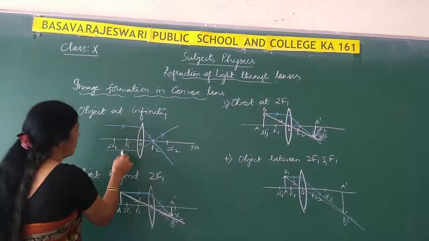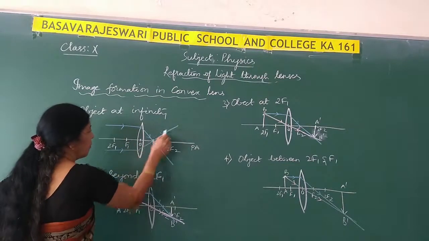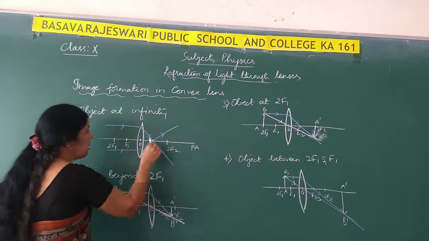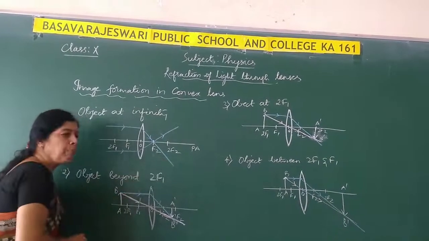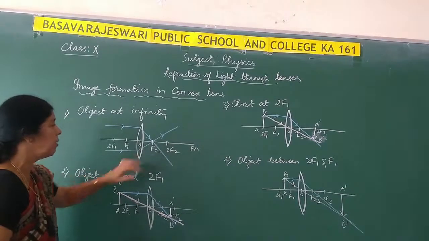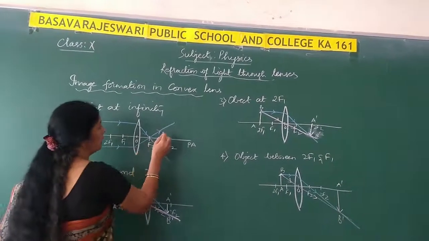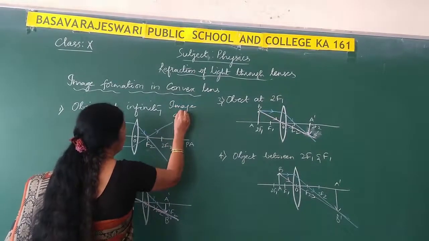I have considered 2 rays, one above and one below the principal axis. After refraction, they pass through the second focal point of the convex lens, and here the image will be formed. So at f2 the image will be formed.